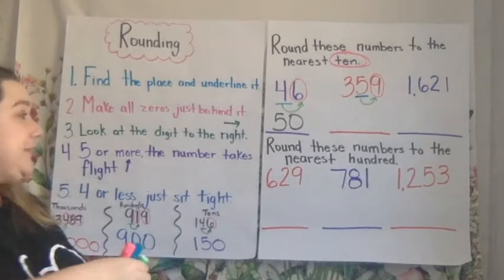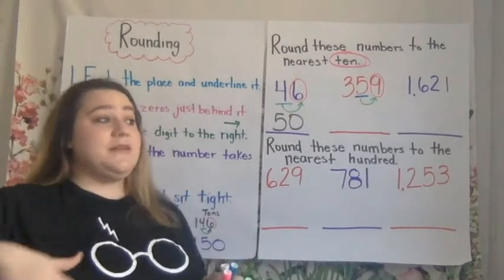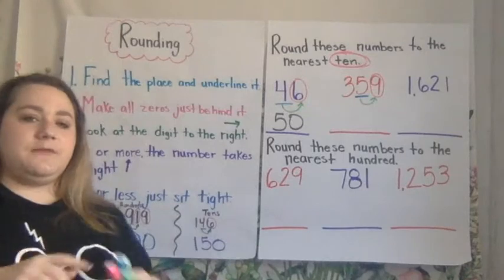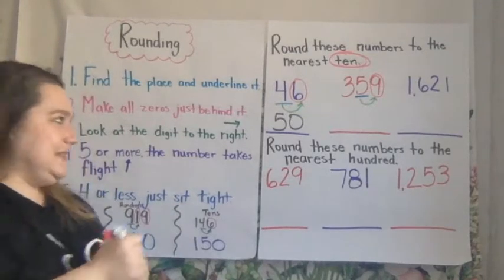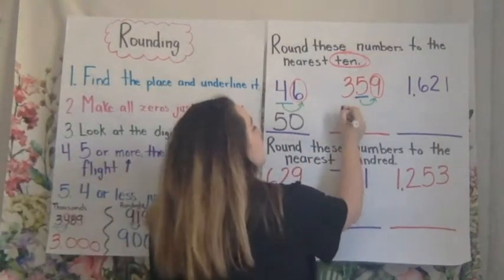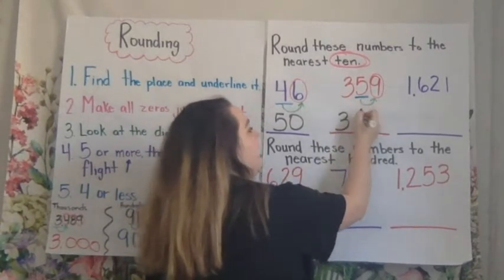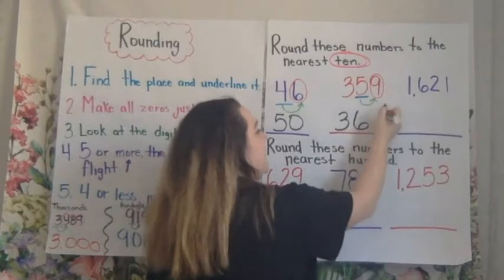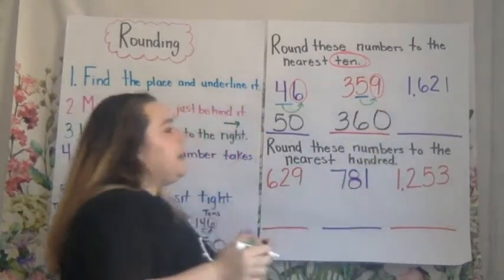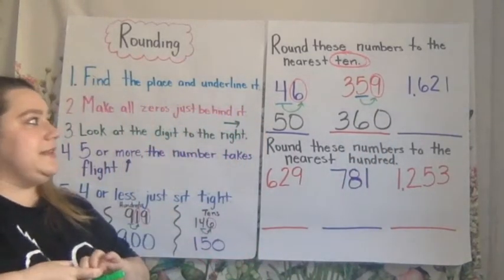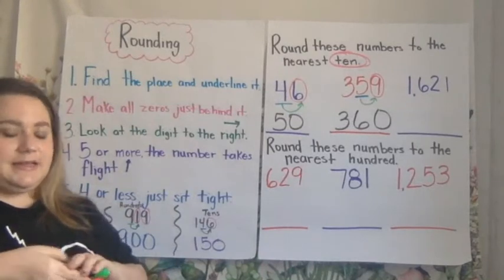It's 5 or more. Good. So that means my 5 is taking flight. What's 1 more than 5? 6. Good. So now I can just write 3 the way it was. My 5 turns into a 6, and I bring that 0 down. 359 rounded to the nearest 10 is 360.